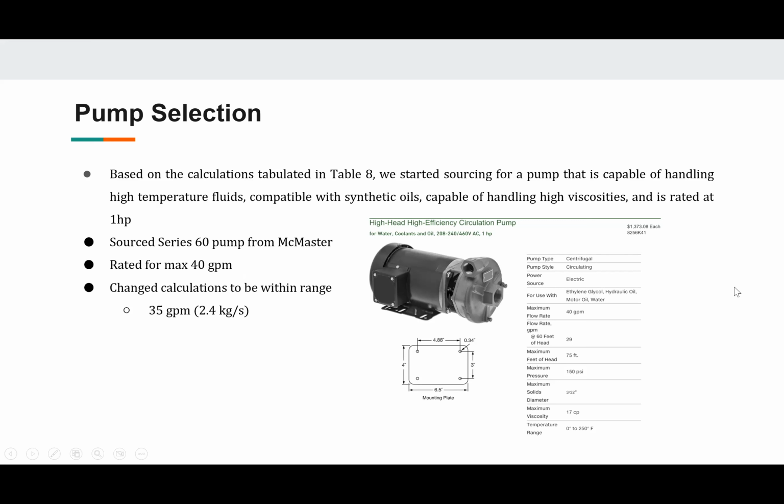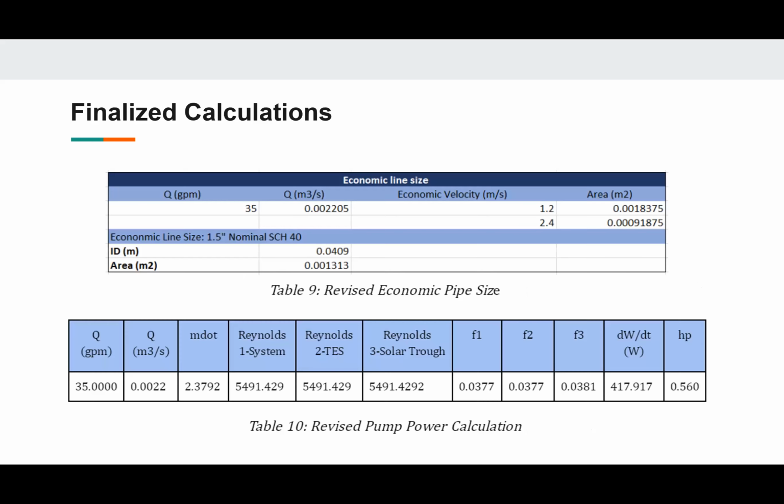From McMaster, we sourced this Series 60s pump as shown earlier, and based on its specifications, the max flow rate is only 40 gallons per minute. Therefore, we redid all of our calculations based on a flow rate it can handle. For this, I chose 35 gallons per minute, which translates to 2.4 kilograms per second of mass flow rate.